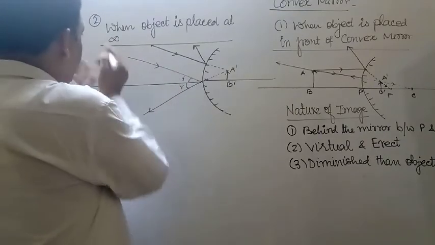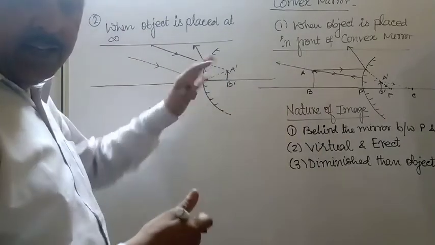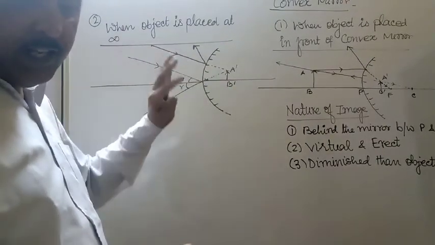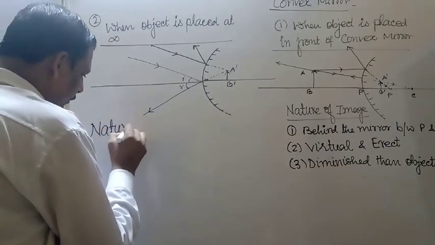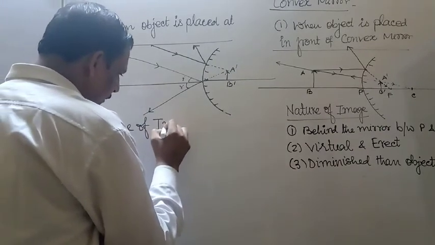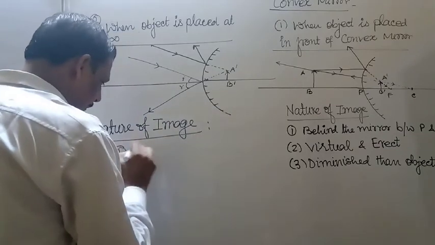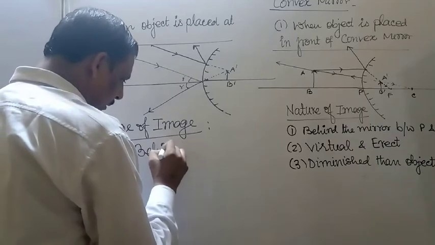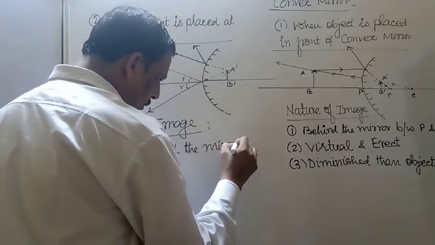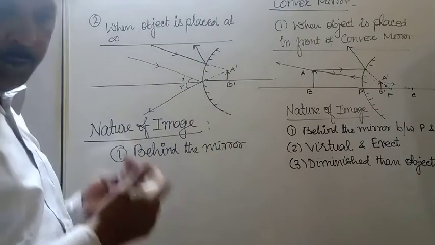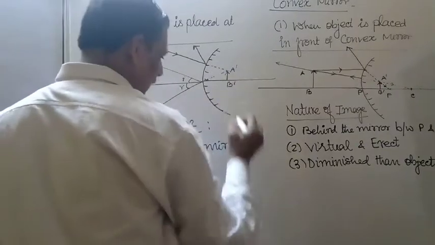This is the object. The object is at infinity. AB is the object. So what should be the nature of the image? First, it is formed behind the mirror, and basically it will form at the focus.